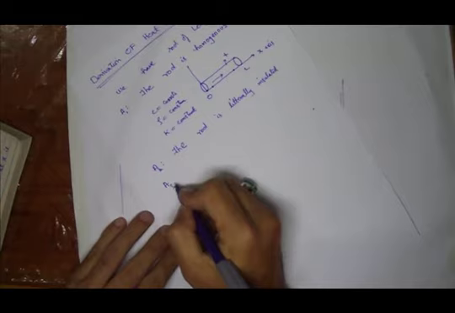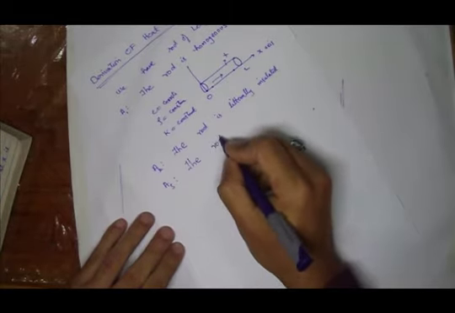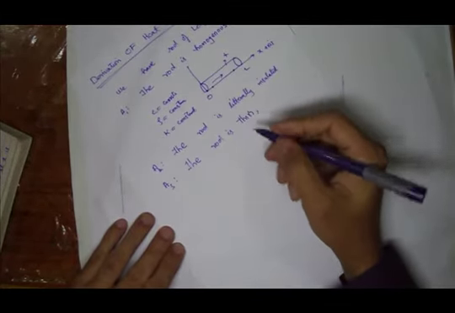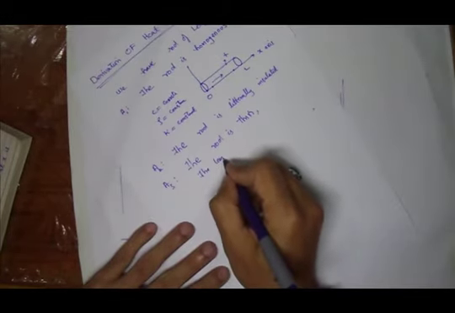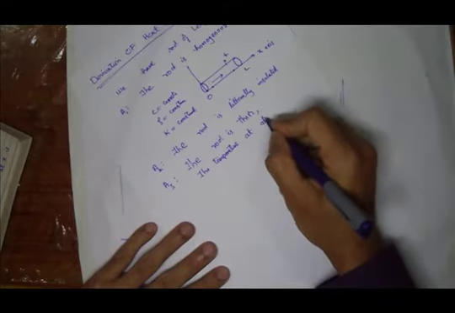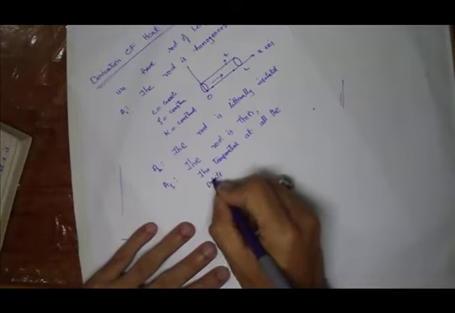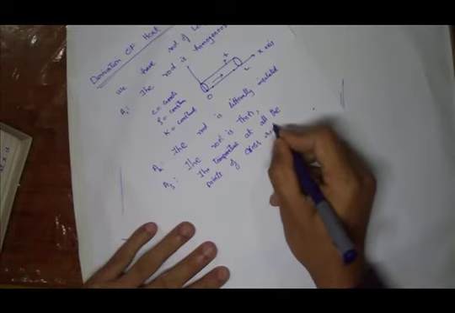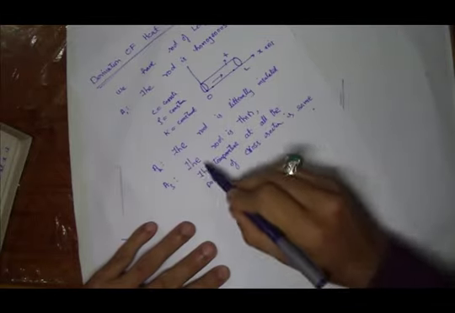The third assumption is the rod is thin, meaning the temperature at all points of the cross section is the same.